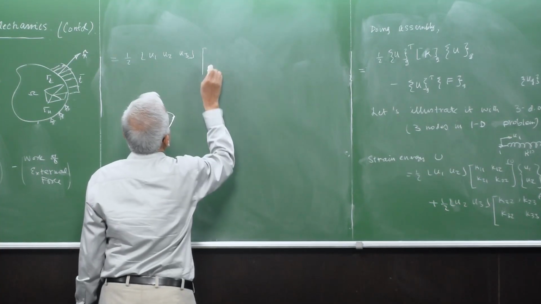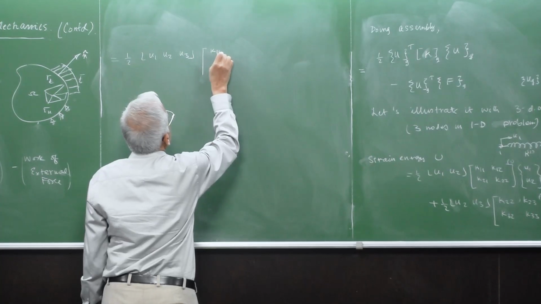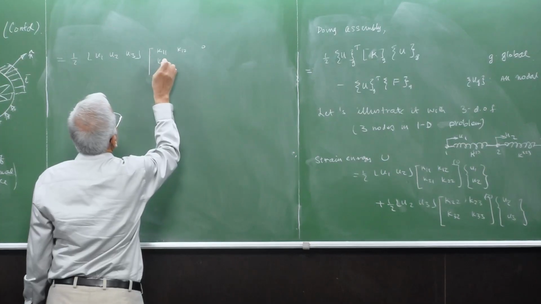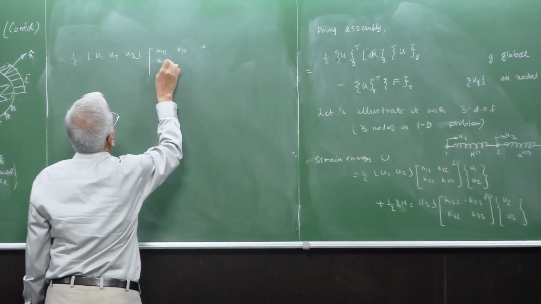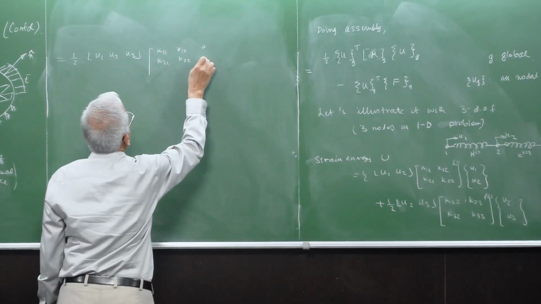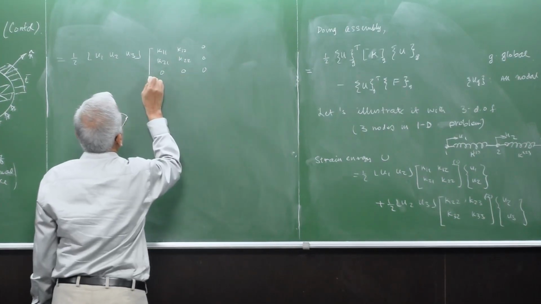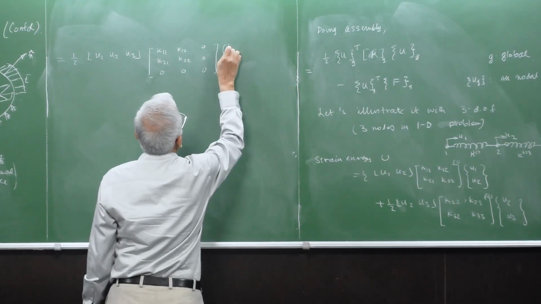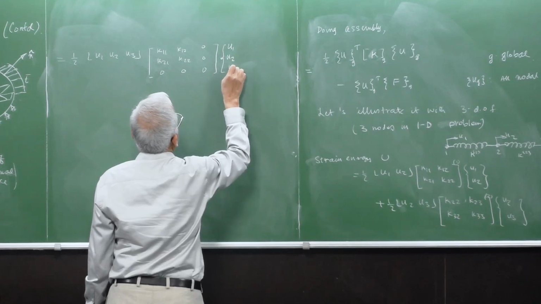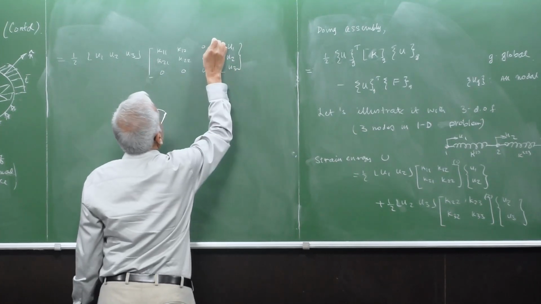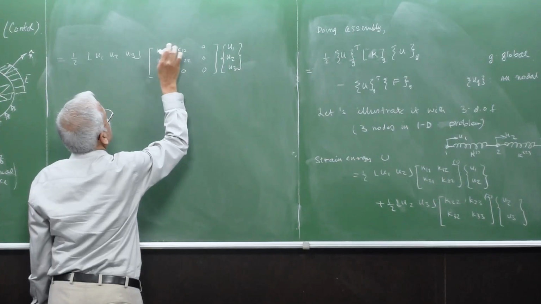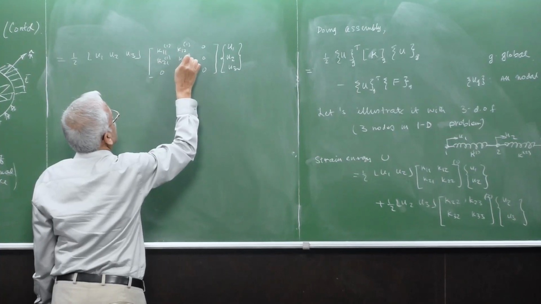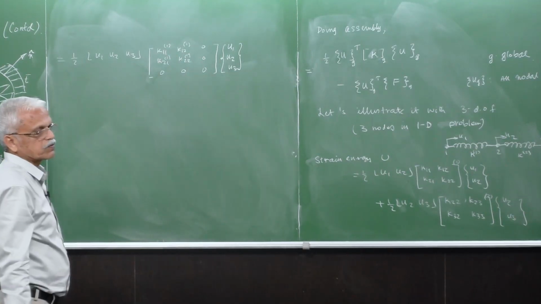So here we'll have a 3 by 3: A11, A12, A21, A22. This is coming from element 1, all superscripts 1 here.